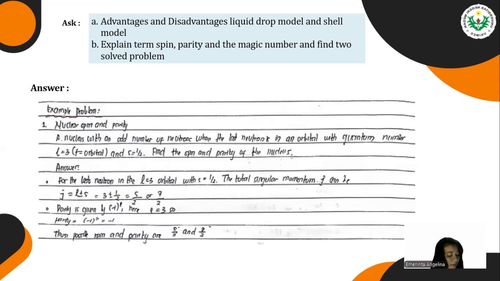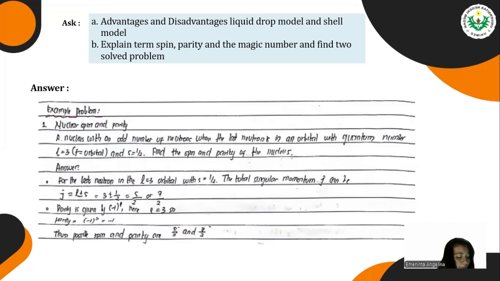To answer the problem, for the last neutron in the orbital with L equal to 3 and S equal to half, the total angular momentum J can be obtained from the equation J is equal to L plus or minus S. J is equal to 3 plus or minus half, which makes 5 over 2 or 7 over 2.